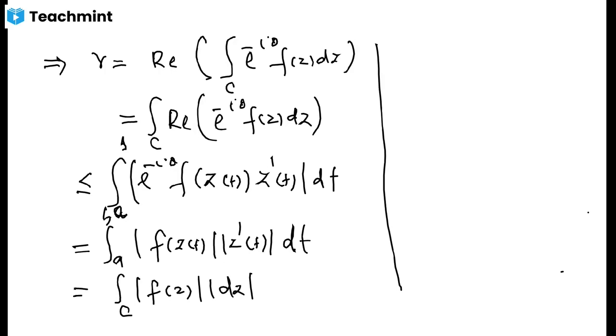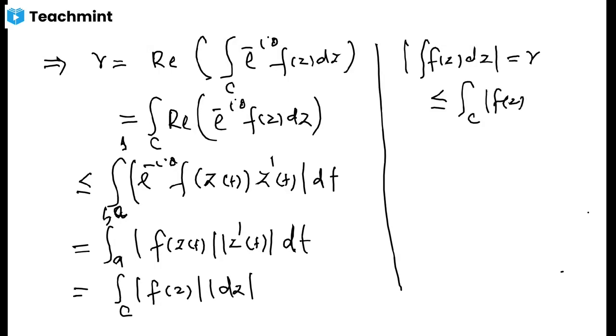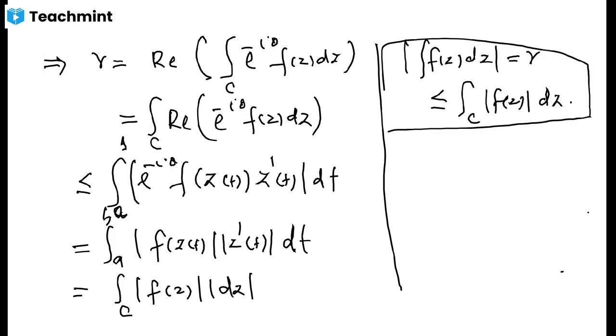So what is R? R was modulus of the integral of f(z) dz, and R came out to be less than or equal to the integral over C of mod f(z) dz. So this is what we needed to prove, the estimate.